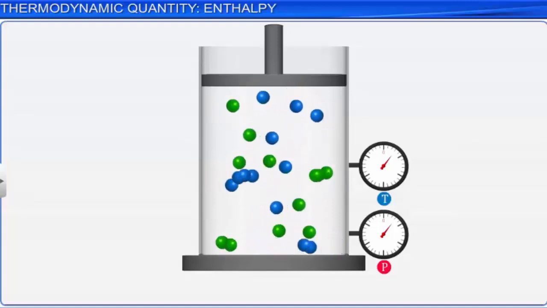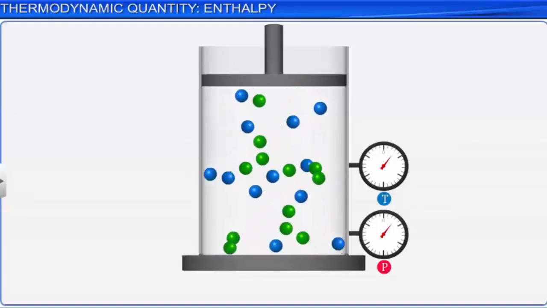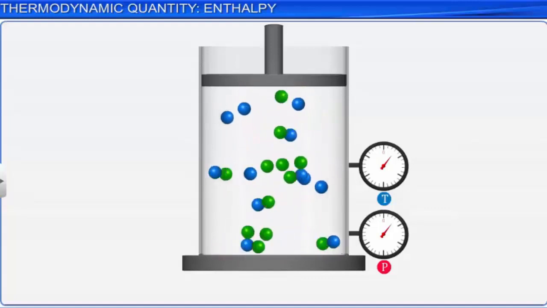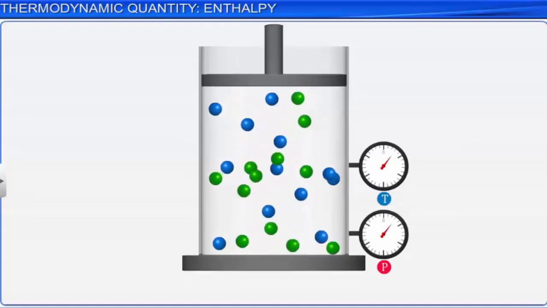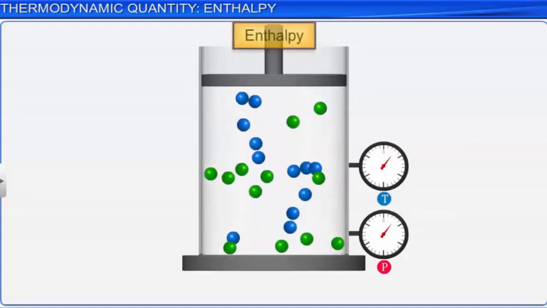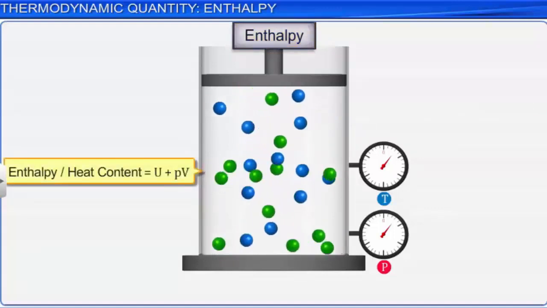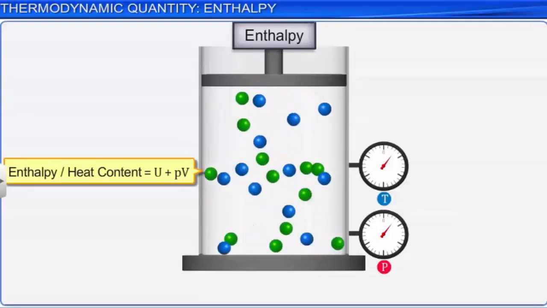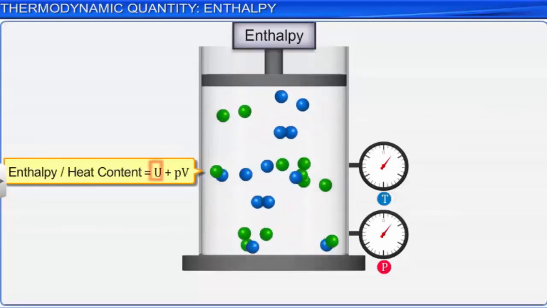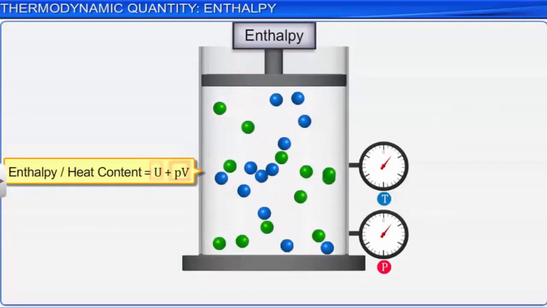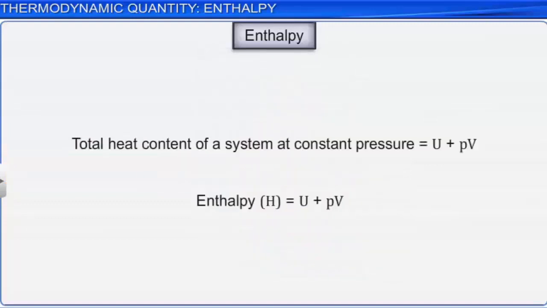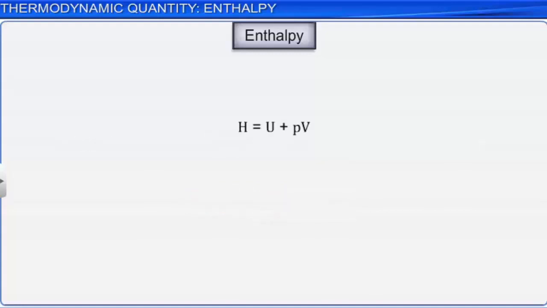In order to study the heat changes in a chemical reaction at constant temperature and constant pressure, a new thermodynamic function called enthalpy was introduced. The total heat content of a system at constant pressure is equal to the sum of the internal energy and PV. This is called the enthalpy of a system, which is represented by H. Note that enthalpy is also called as heat content.